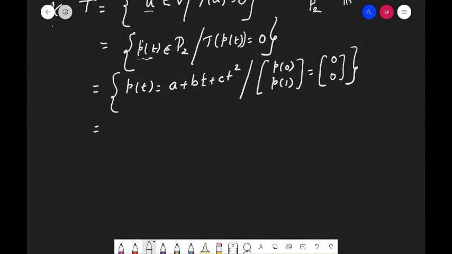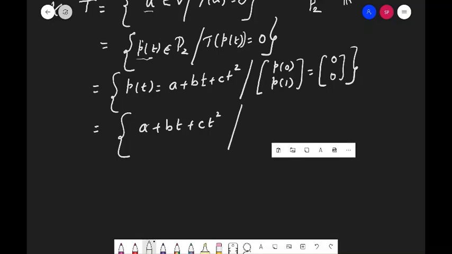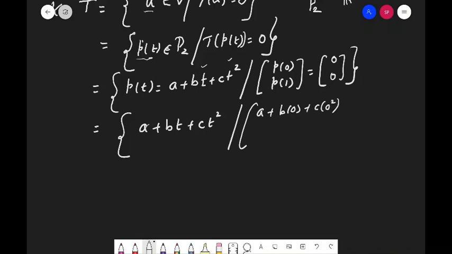which is equal to, A plus BT plus CT square, such that, now what do you mean by P of 0? In P of T, wherever T is there, substitute 0. So this will be A plus B into 0 plus C into 0 square, and P of 1 means A plus B into 1 plus C into 1 square.